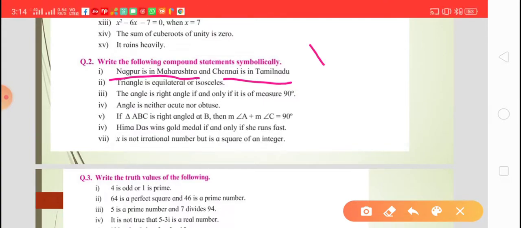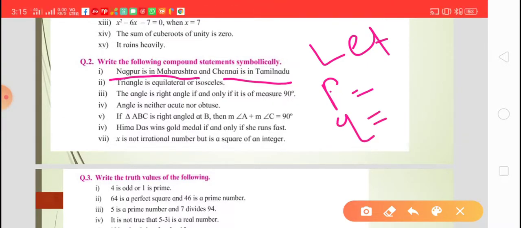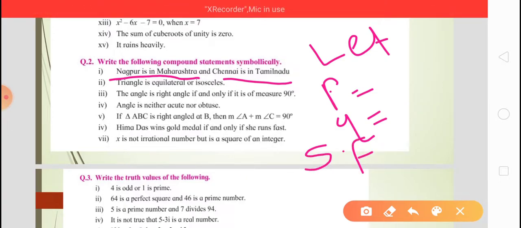Let's first write down the simple statement P: Nagpur is in Maharashtra. Take the second statement Q: Chennai is in Tamil Nadu. Now the symbolic form. How to write the symbolic form? Find which word connects both statements. The word 'and' means, in mathematical logic, conjunction, and we know the symbol for conjunction.